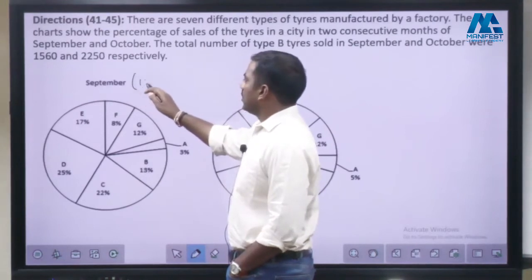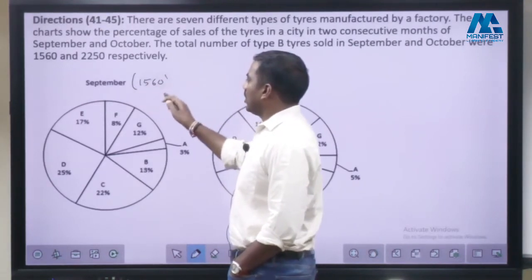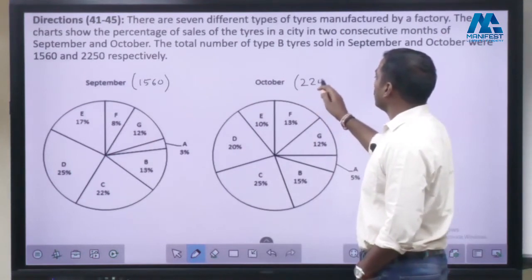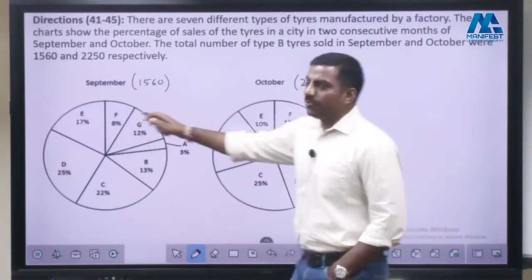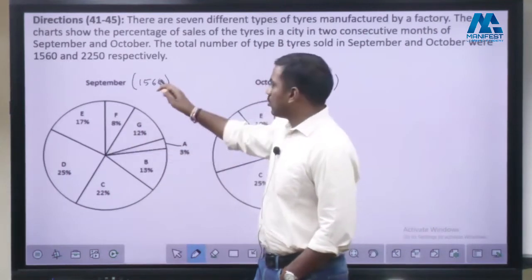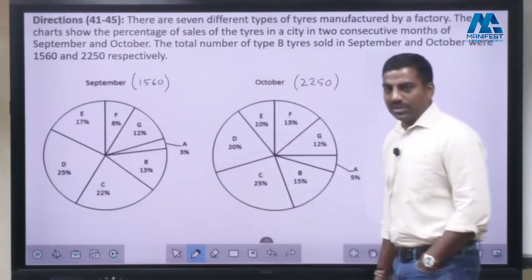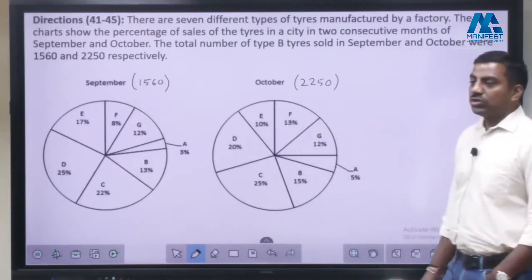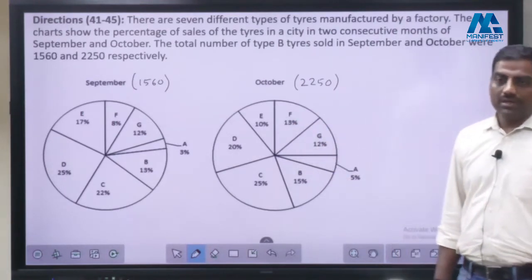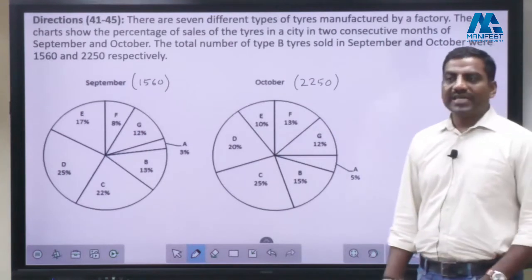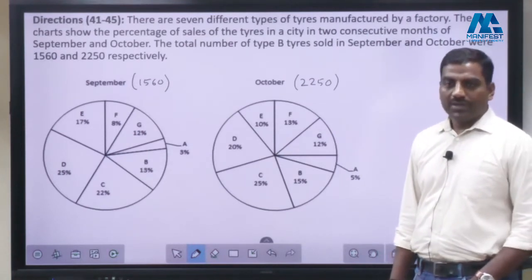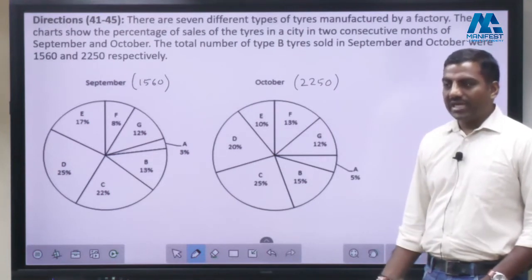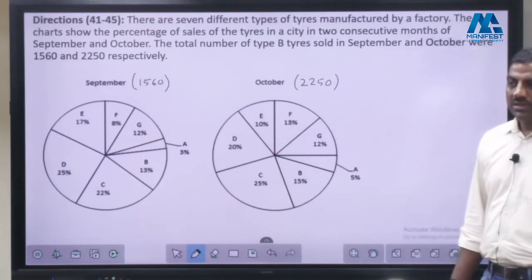So here the total sale in September was 1,560, and if you combine the 100%, this 100% is equal to 1,560 in September. This 100% is equivalent to 2,250 in October. Getting my point? Overall sales in October is more. If you want more seconds, you can spend more seconds on this.